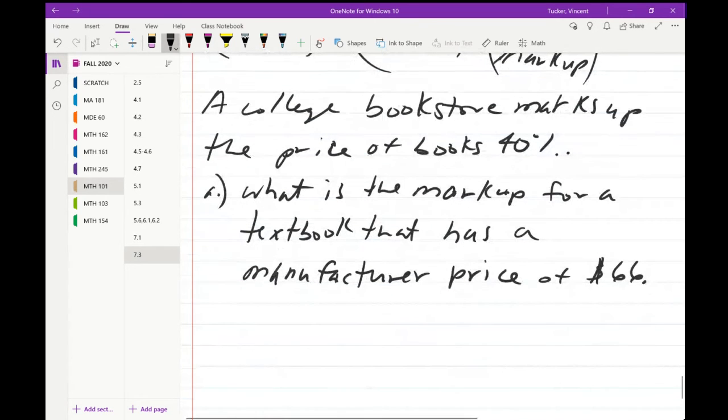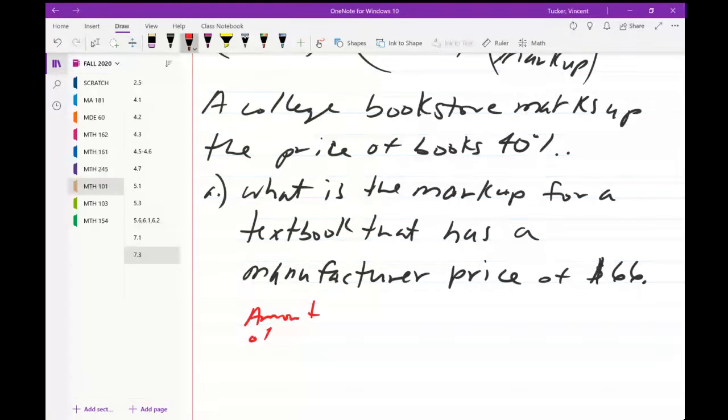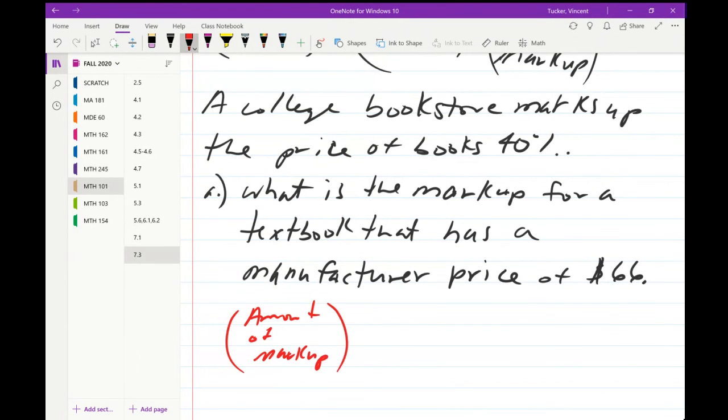All right, so a college bookstore marks up the price of books 40%. What is the markup for a textbook that has a manufacturer price of $66? All right, want to find the markup? Take this 40%.